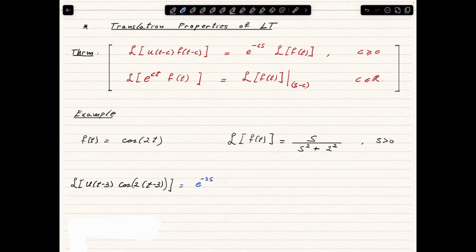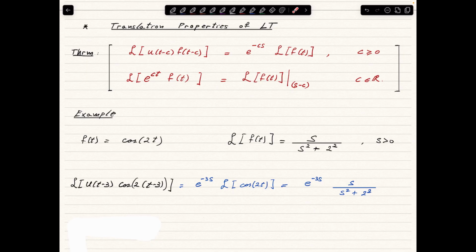And then we are going to have the Laplace transform of the function without the shift, which is just the cosine of 2t in this case. And that is exponential negative 3s, and then we are going to have s over s squared plus 2 squared. So this is what the first property says.